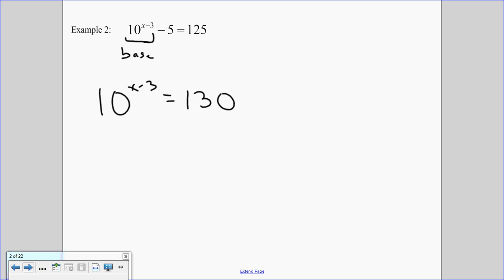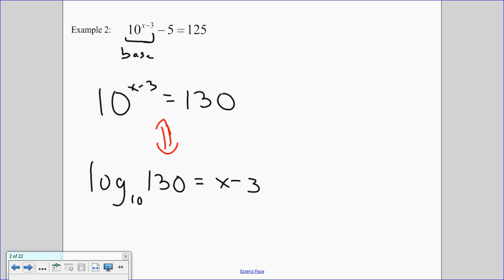That looks like an exponent that I can change to logarithmic form. Let's do that. So this is log base 10. There's log base 10 of 130 equals x minus 3. So we're just changing the exponent into logarithmic form. So log base 10 of 130 equals the exponent.